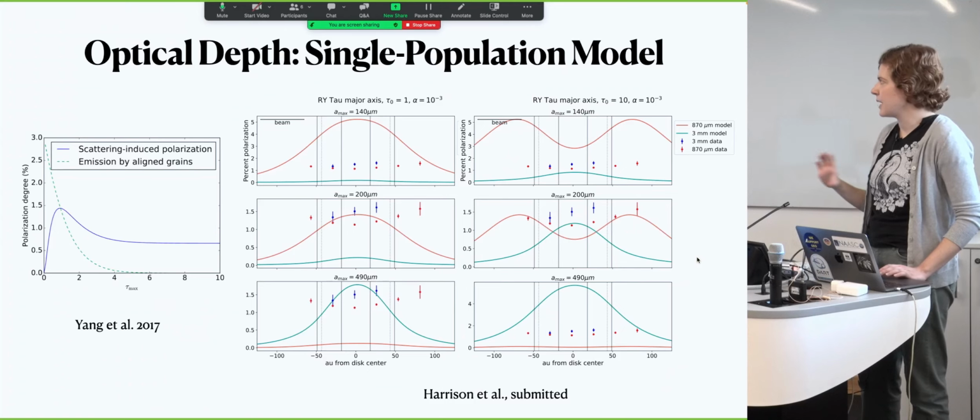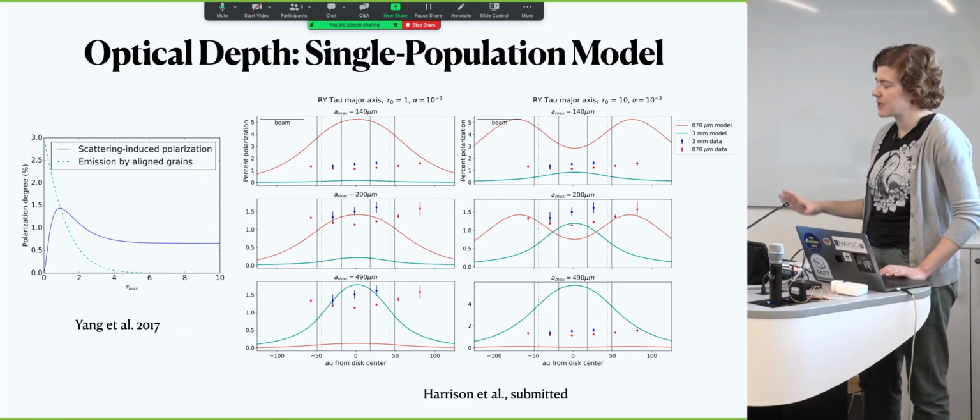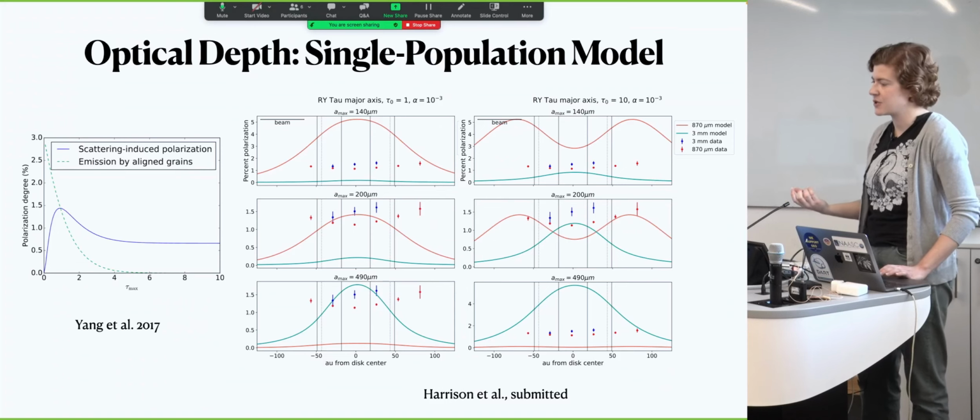And these models have not been fine-tuned to match what we see in the data, but we wanted to have kind of a proof of concept showing that things like optical depth and size-dependent dust grain settling would affect what you saw in scattering polarization.